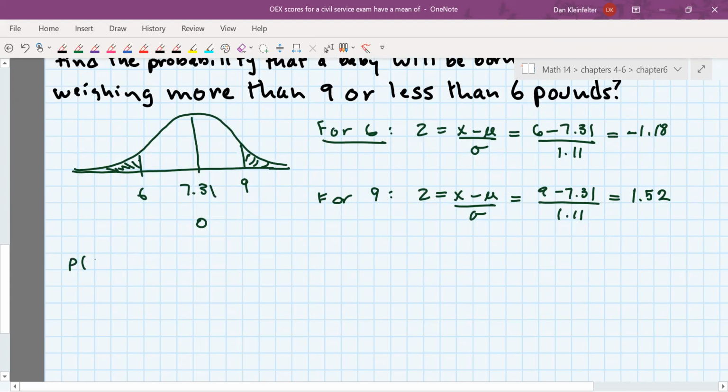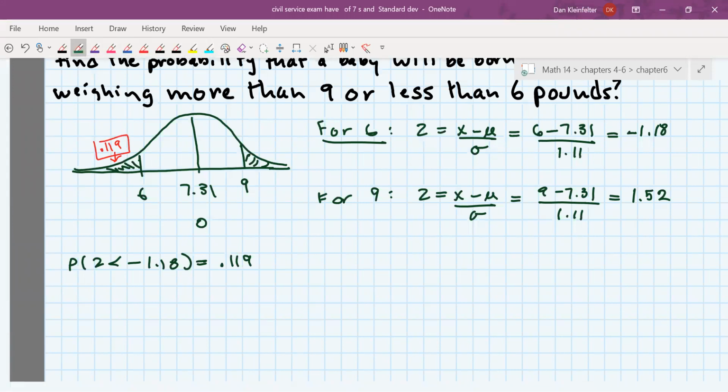The probability that Z will be less than negative 1.18, using our negative Z table, negative 1.18 has a probability of 0.119. Okay, that takes care of this part in the left tail.